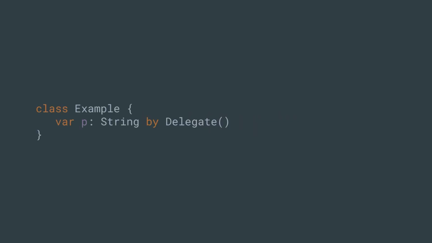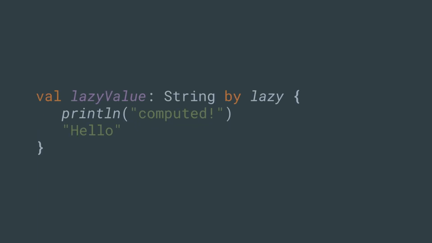It also has this nice concept of delegated properties that I'm just going to glance at because it's getting late, which allows you to automatically delegate both the get and set methods to other objects. One nice example is that lazy thing that they provide here.